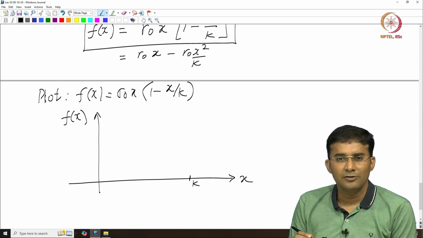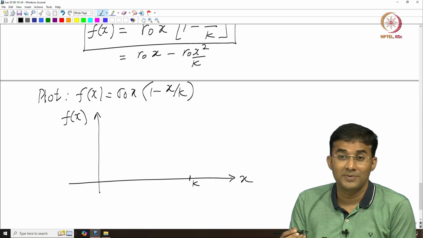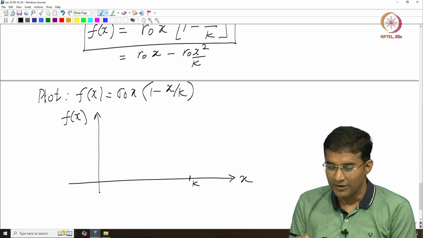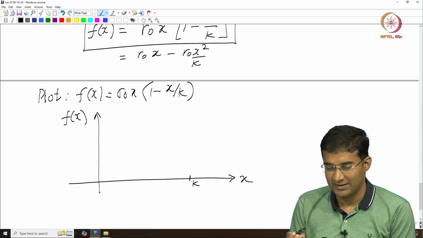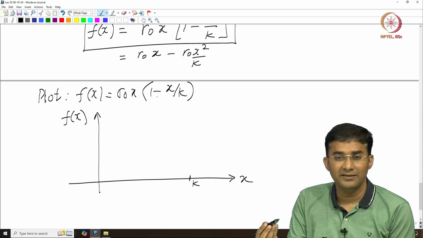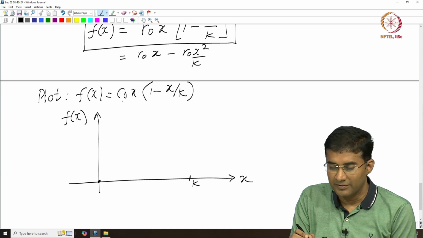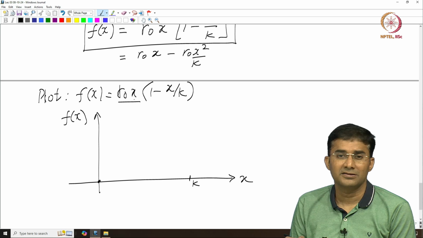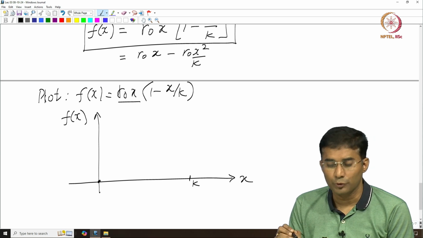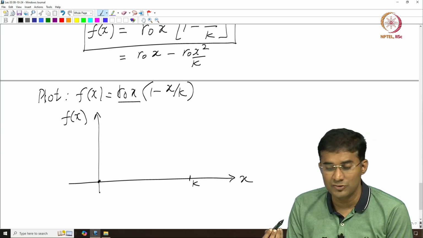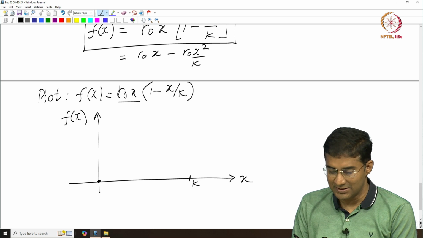Okay. Let us look at the smallest population size, which is basically no population, x equal to 0. When x equal to 0, f of x is basically 0 times something, and therefore it is 0. Because of this r0 times x term, the entire population growth rate is 0 when there is no individual at all. That makes sense.